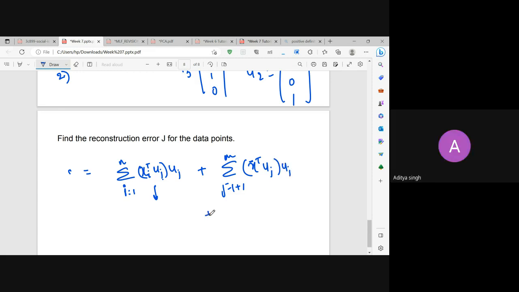So I'll just elaborate the formula. This is the formula that you are writing.